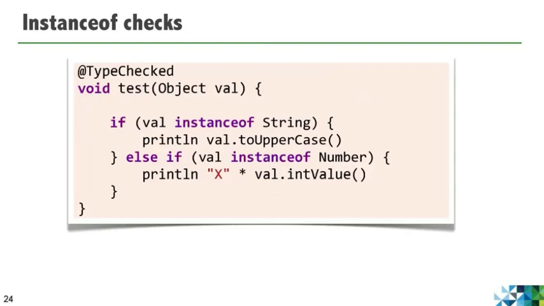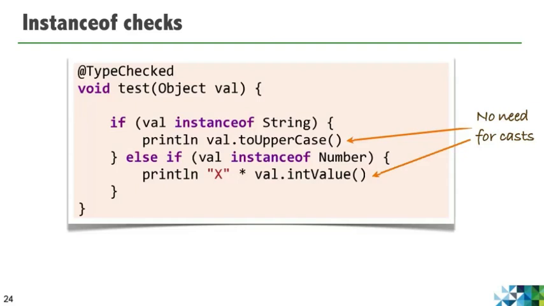Usually in Java, you always have to introduce some temporary variable, or you have to use some additional casts, and casts are always needed in Java. But with the Groovy type checker, it understands that inside that if block or else if block, it knows the type of the variable because you checked for its class before. So you don't have to add useless casts.